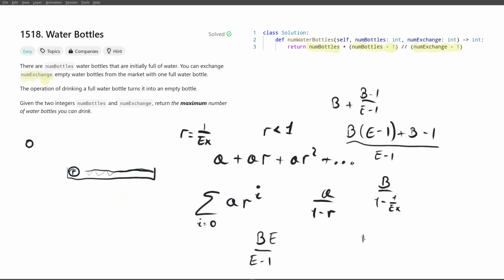So we arrive at b times exchange minus 1 over exchange minus 1. So the question for you is, if I've made some mistakes here, then point them out. Otherwise, can you explain this similarity? And can you explain how we can arrive at this thing, knowing this thing, or thinking along similar lines to this geometric series, which of course doesn't round anything down at any step? So that's an interesting question.